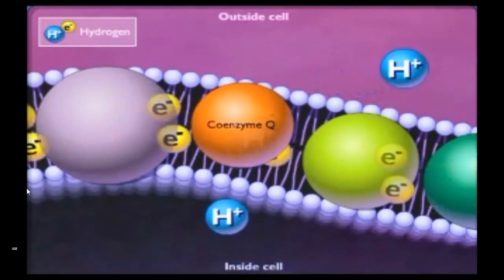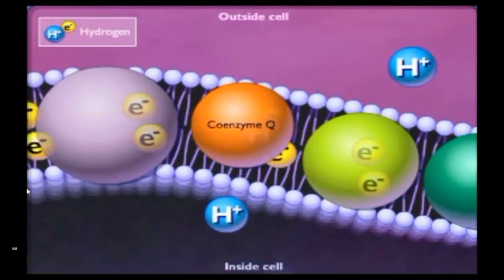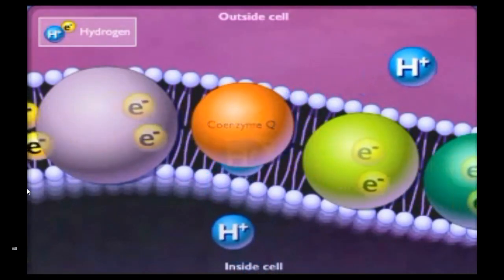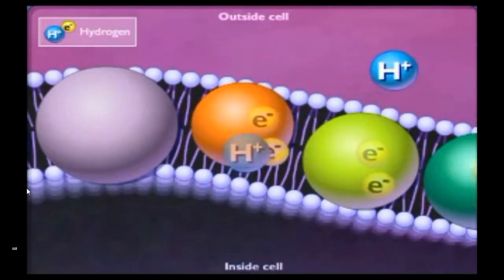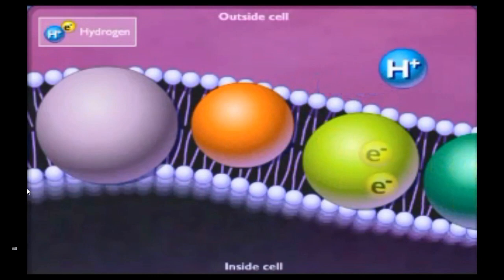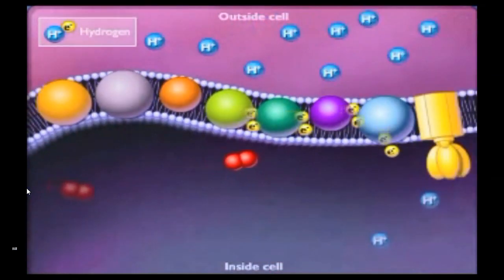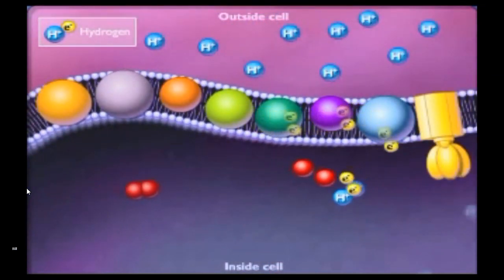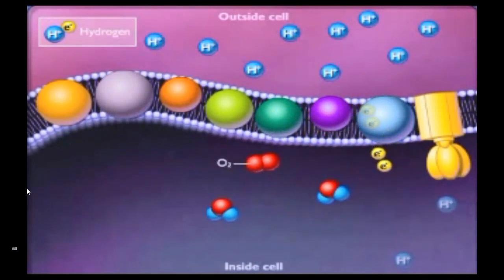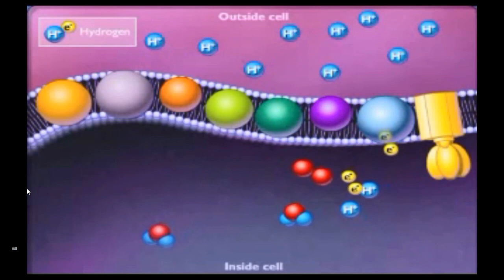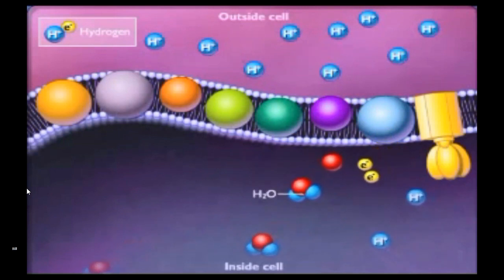The proton is then transported through the membrane as electrons move down the chain. This increases the proton gradient across the membrane and enhances the proton motive force. During aerobic respiration, the last carrier protein transfers a pair of electrons to oxygen at the end of the electron transport chain, and water is formed.